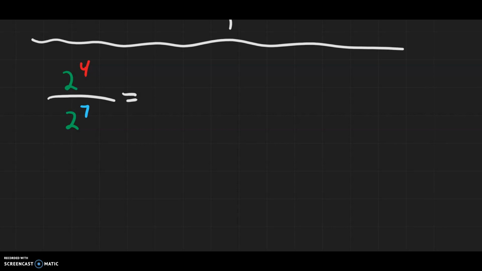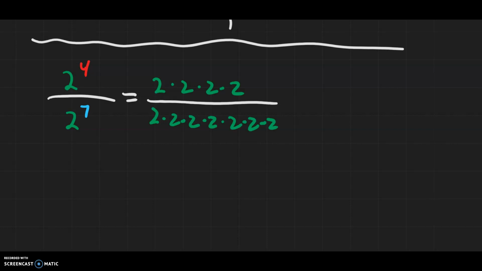So that would be 2 times 2 times 2 times 2 divided by, and then on the bottom we have 7 2's. 2 times 2 times 2 times 2, there's 4 of them, times 2 times 2 times 2. That's 7 2's. So basically at this point we can start canceling out some 2's, 1 for the top, 1 for the bottom. And remember, there's an understood 1 on the top here, so basically it'd be times 1.